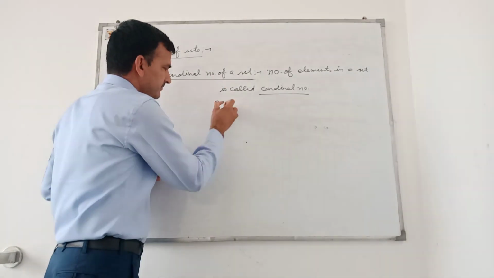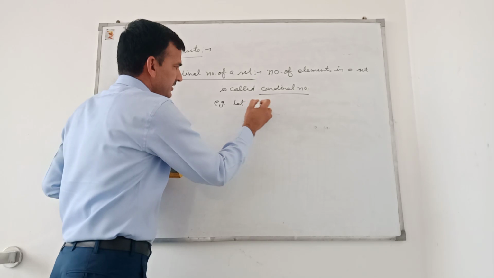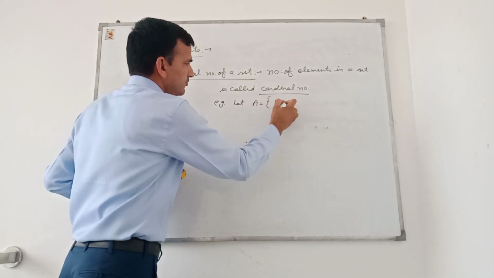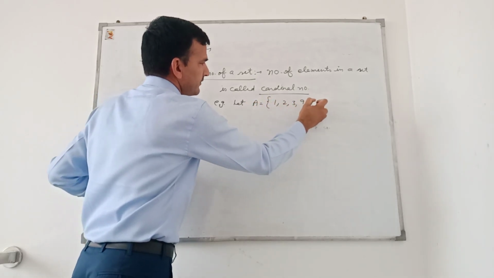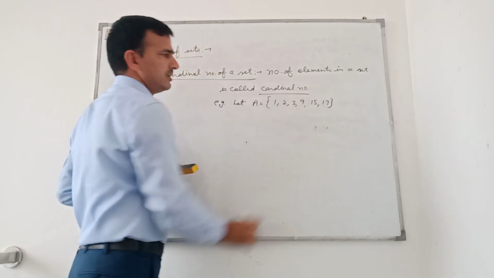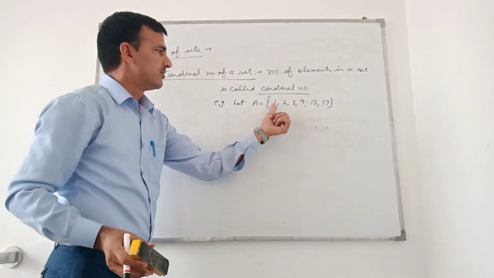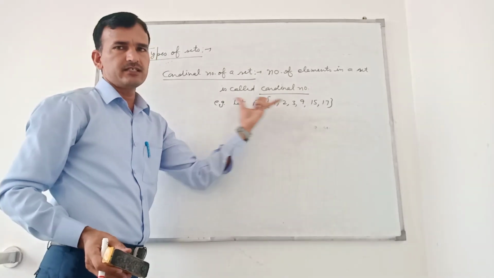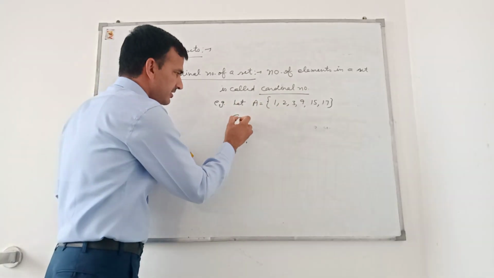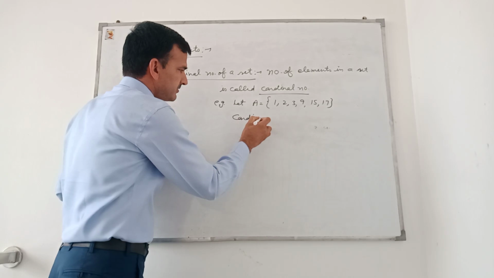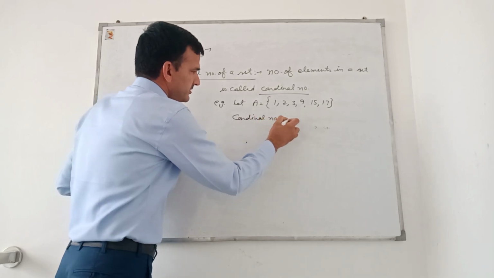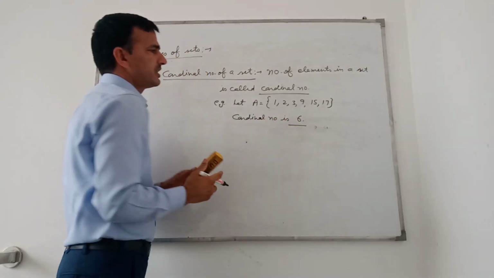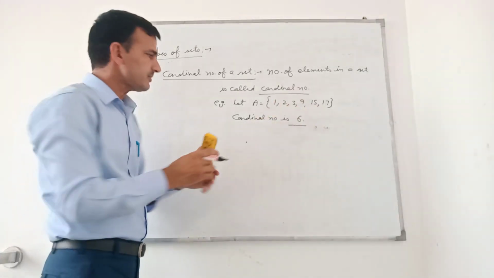For example, let set A is equal to {1, 2, 3, 9, 15, 17}. What is the cardinal number? 1, 2, 3, 4, 5, 6. Then the cardinal number of this set is 6, because there are 6 elements.